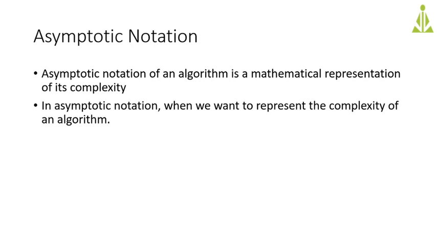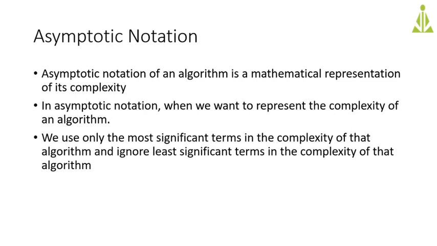In asymptotic notation, when we want to represent the complexity of an algorithm, we use only the most significant terms in the complexity of that algorithm and ignore the least significant terms.